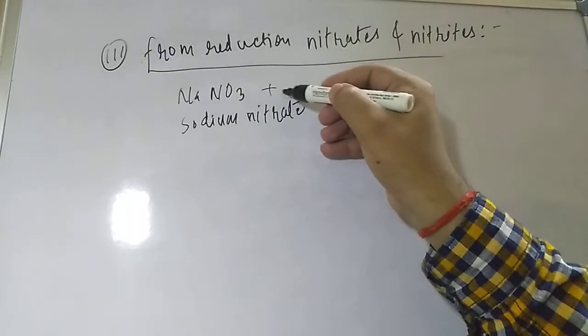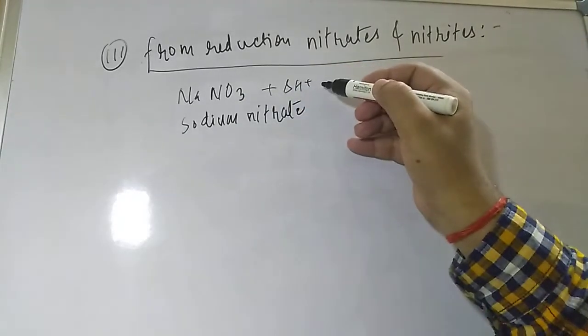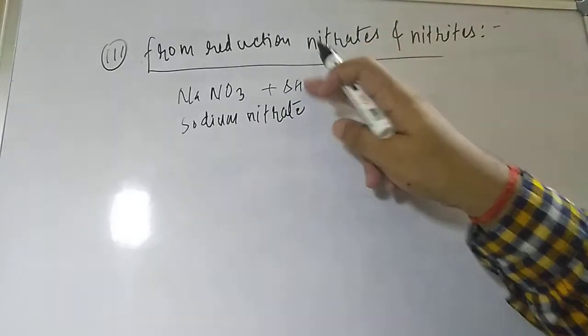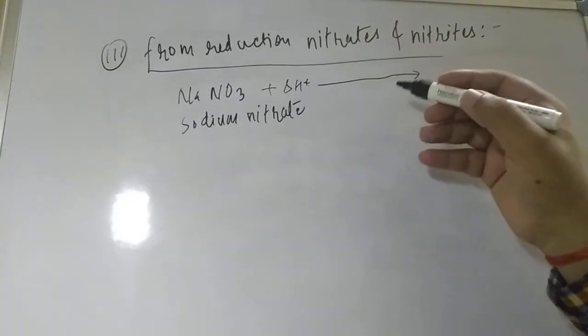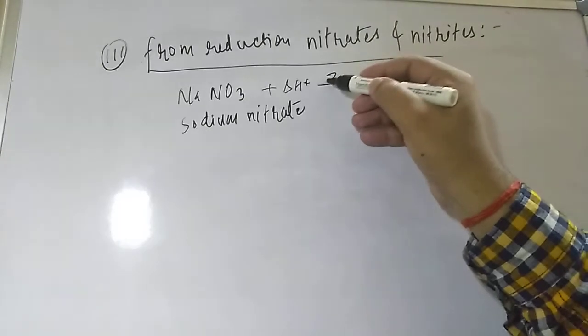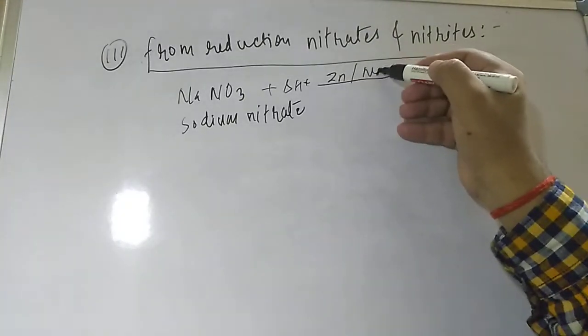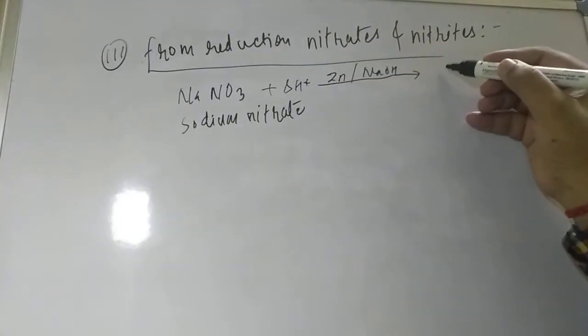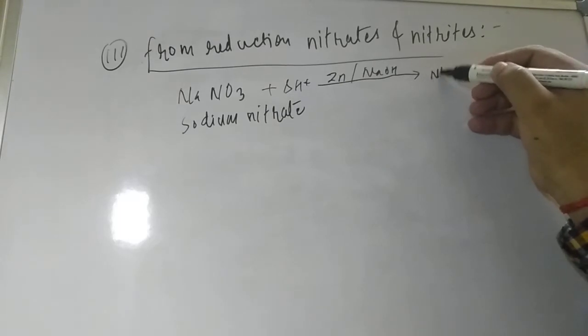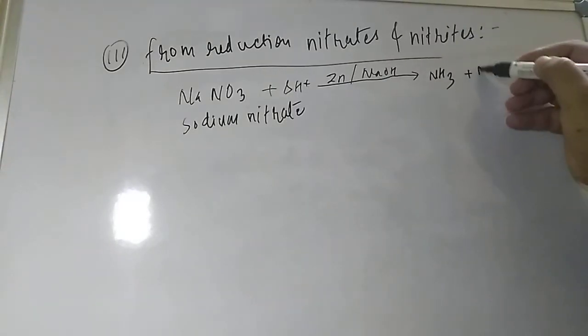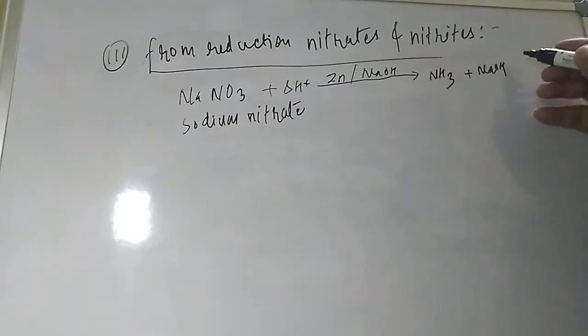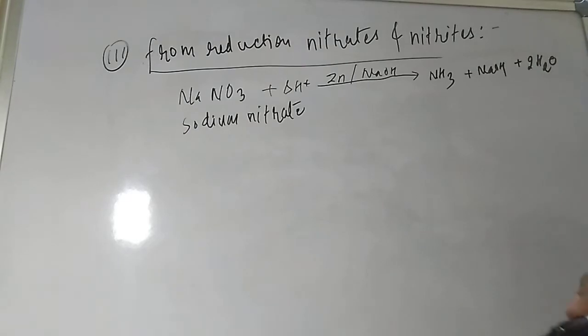Here I am taking 8H+, or 8 hydrogen, in the presence of zinc and sodium hydroxide. If you heat it, it will give ammonia, NH3, along with some base, sodium hydroxide, and 2 water molecules. So this is from the nitrate.